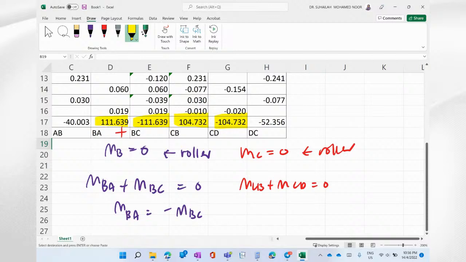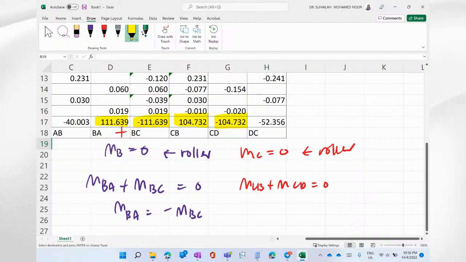When we draw it separately, member by member, we assume as fixed. We assume as fixed because it has moment. That is why we can assume as fixed. But when we combine back, we get the original one.